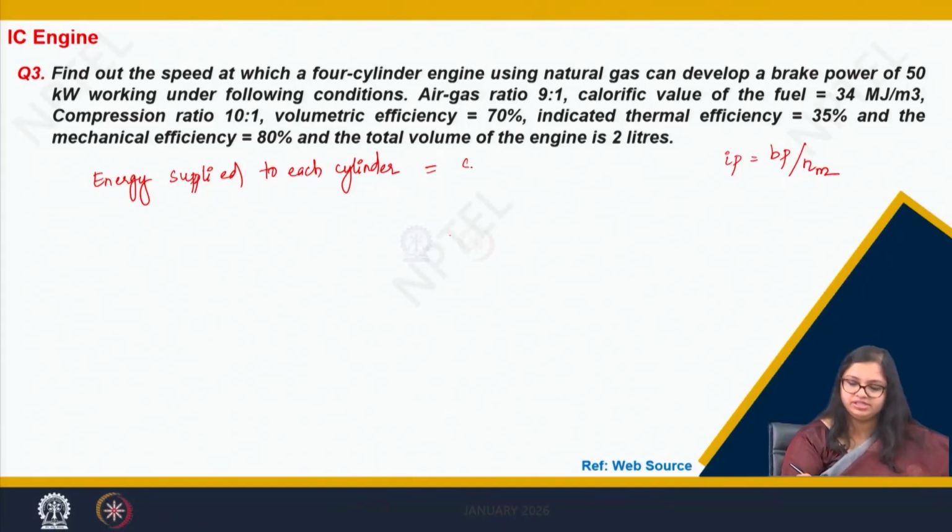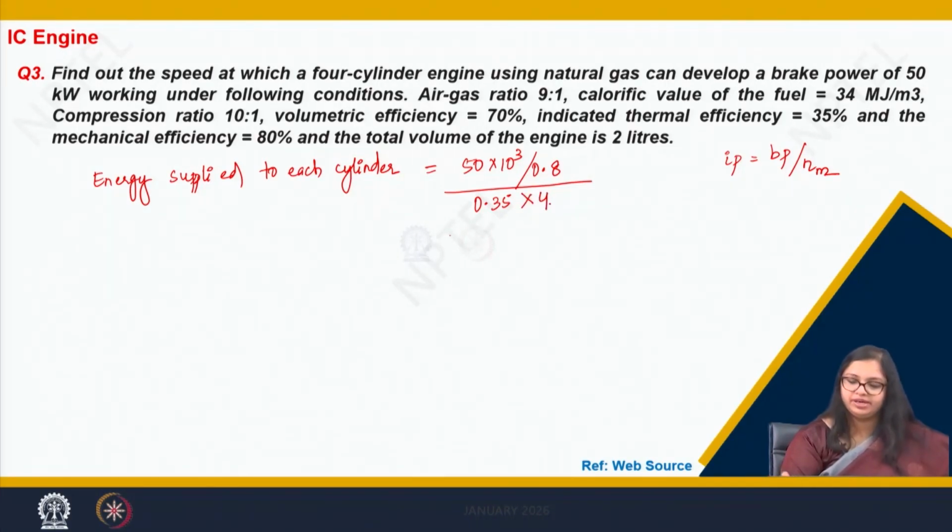So brake power is 50 into 10 to the power 3 divided by mechanical efficiency 0.8 divided by the indicated thermal efficiency 0.35, but that is for the engine.